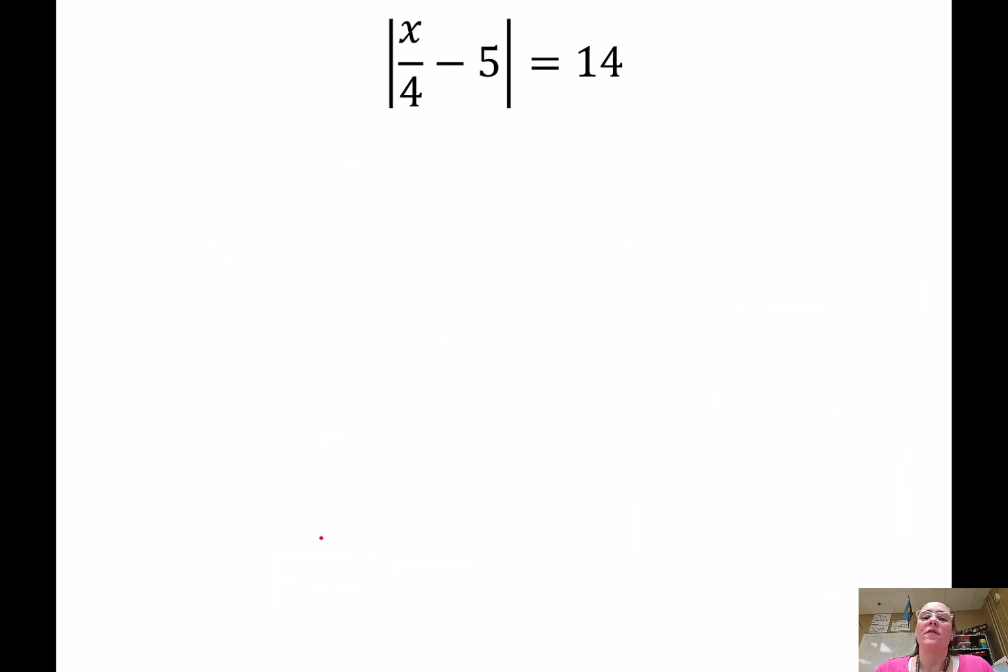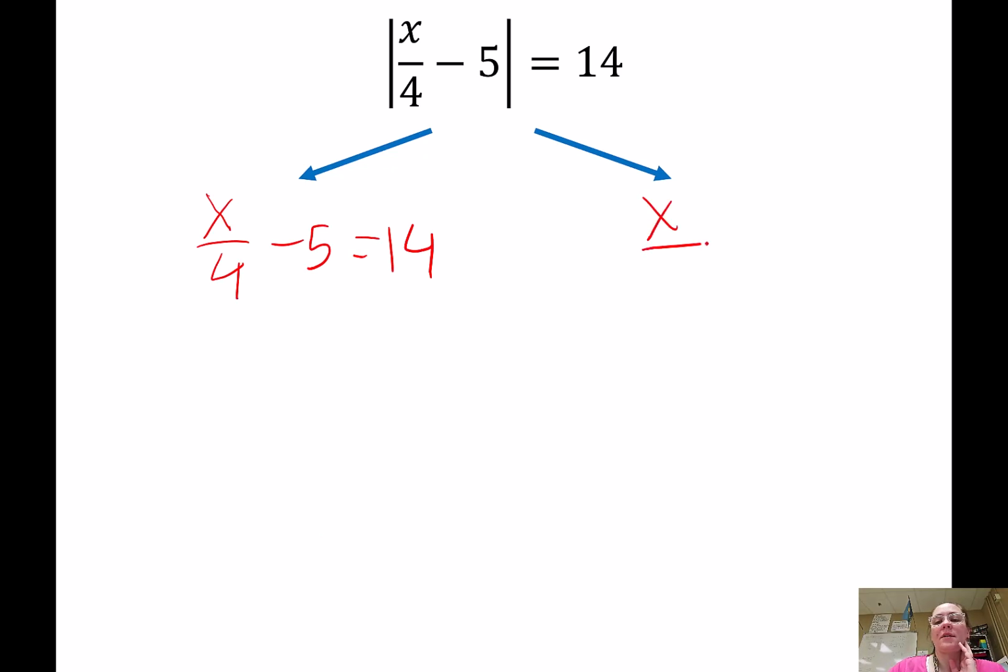So I've got the absolute value of x over 4 minus 5 equals 14. So I'm still going to set up my two equations. So x over 4 minus 5 equals 14, and x over 4 minus 5 equals negative 14. Okay, add 5 to both sides.